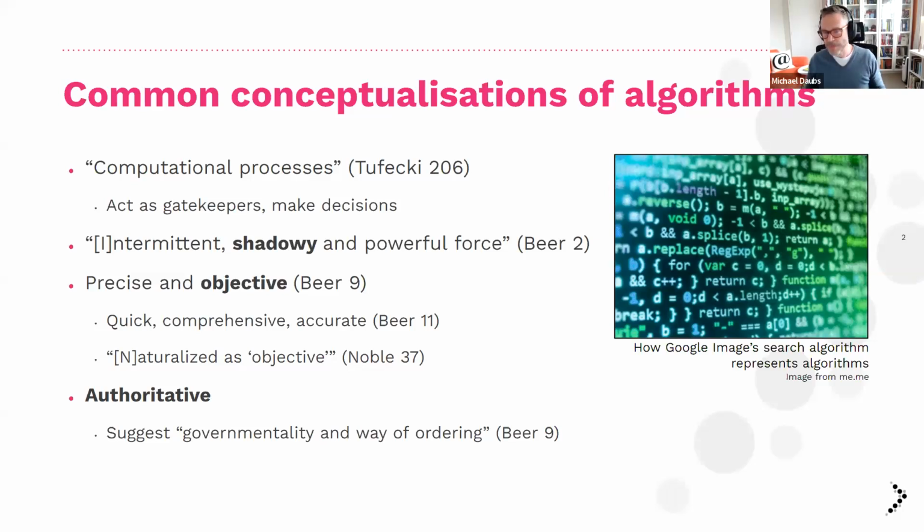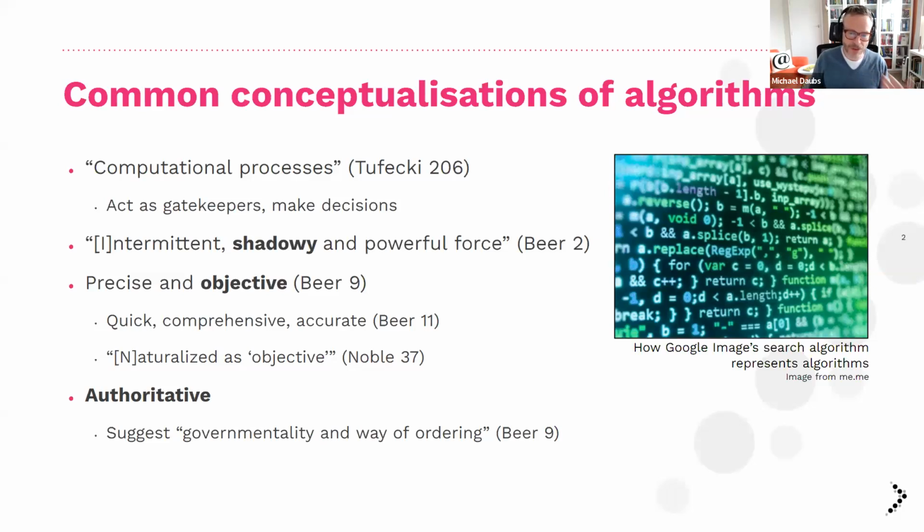But perhaps because of their opacity, there are different conceptualizations of algorithms that are really common in public discourse. The scholar David Beer notes that one view of algorithms is a somewhat negative one, as a, quote, intermittent, shadowy, and powerful force, active in shaping social connections and relations, end quote.